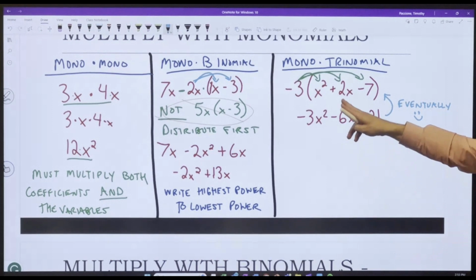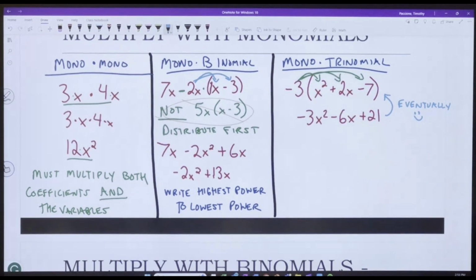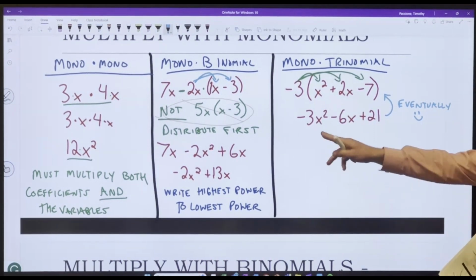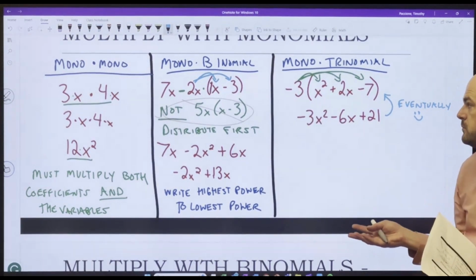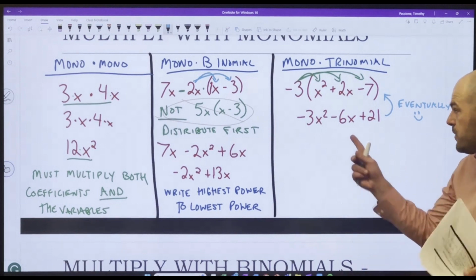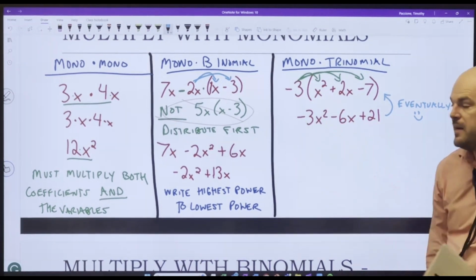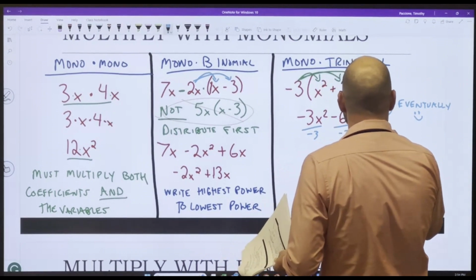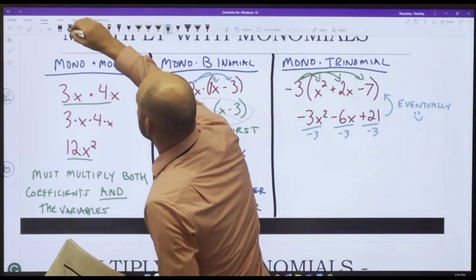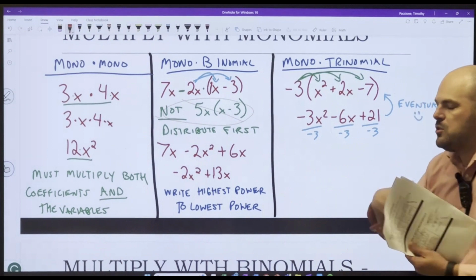Eventually, we're going from that to that, which we'll teach you how to do, but think about it. To get from here to here, what did I do? I multiplied by negative 3. So how do you think I would go backwards? Divide by negative 3. If I divided this by negative 3, this by negative 3, and this by negative 3, because I saw it went into all 3 of them, well, I can't actually divide and get rid of it.